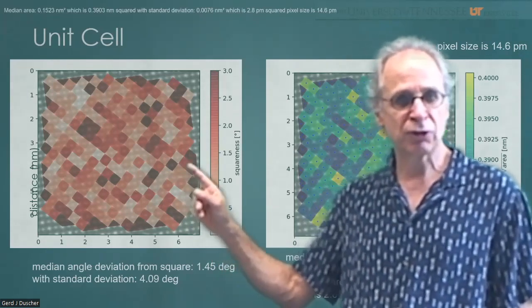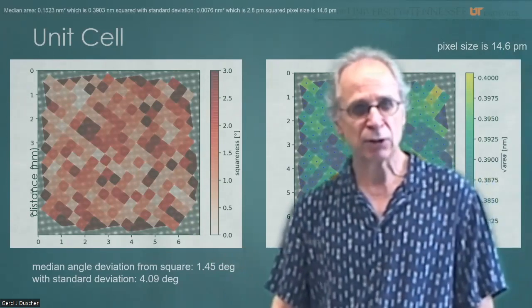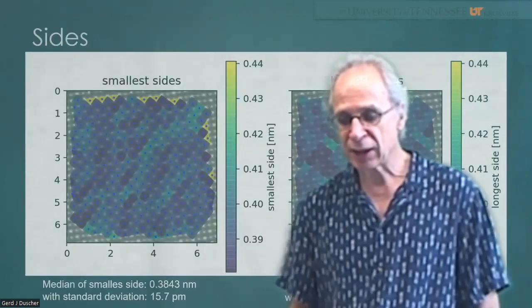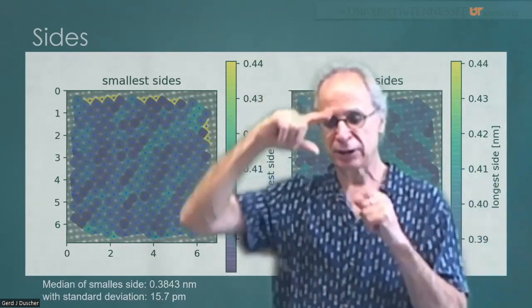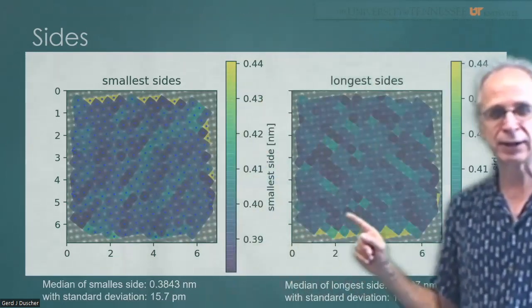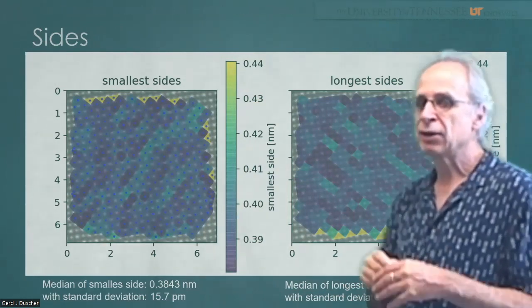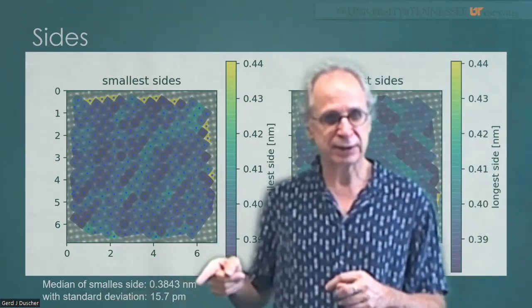We only used the center part of the images, so the part on the side we did not get. The tetragonal distortion can be determined by the smallest and longest side. And again, we are at subpixel accuracy, with a standard deviation of 13 picometers. That is okay. And in the other case, say 7.